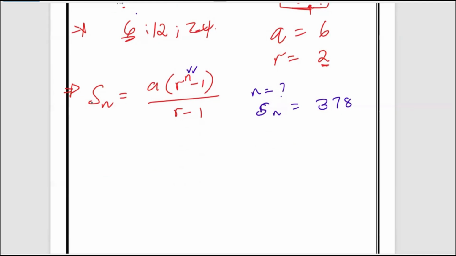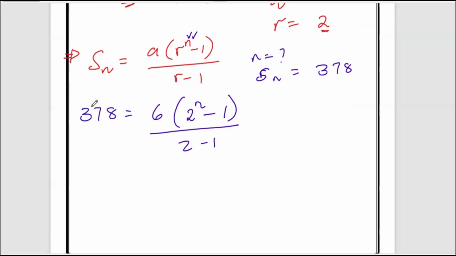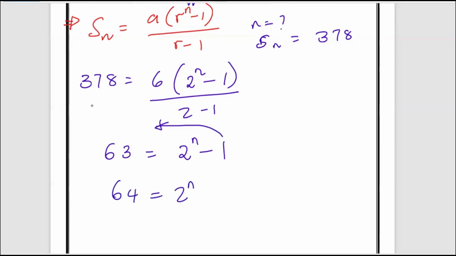That would be 378 is equal to 6 into 2 to the exponent of N minus 1 over 2 minus 1, which is definitely 1. Then step number 1, I'll divide both sides by 6. So 378 divided by 6 gives me 63 is equal to 2 to the N minus 1. I'll then transpose the 1 to that side, which is a plus. So 64 is equal to 2 to the N.